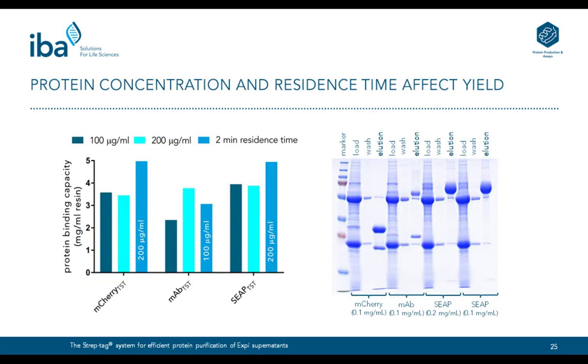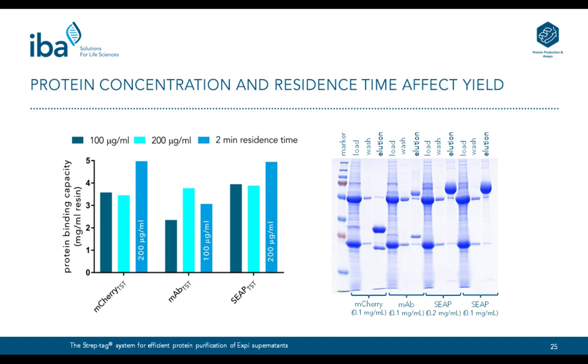So back to the experiments that we've already conducted for the Expi293 system. Here for the ExpiCHO system, again, we wanted to see how the protein concentration affects the binding capacity. Again, we spiked the ExpiCHO supernatants with our 3 proteins to final concentrations of 100 and 200 micrograms per milliliter, purified them on the 200 microliter XT columns, and measured the amount of eluted protein, and the results are comparable to the Expi293 results.